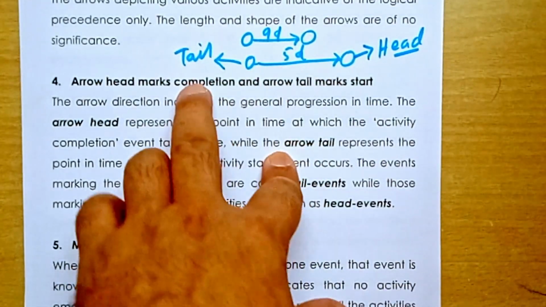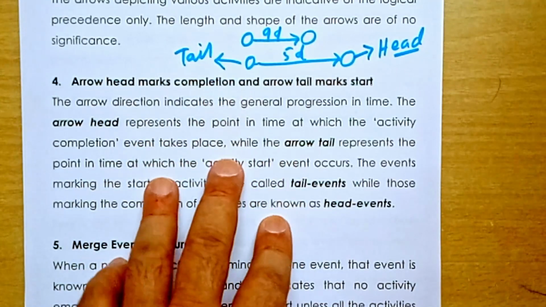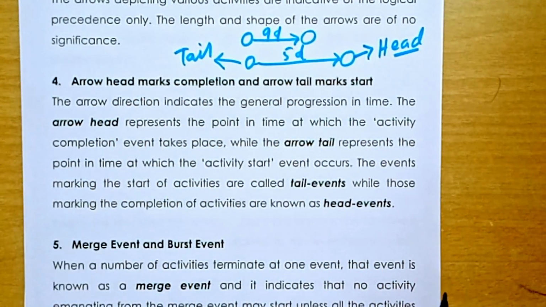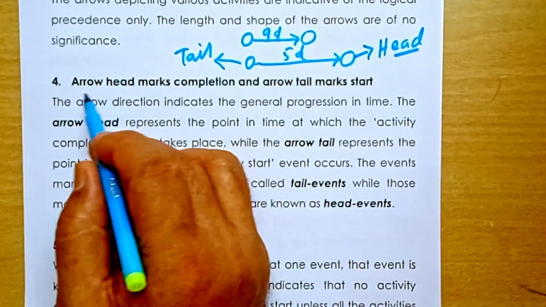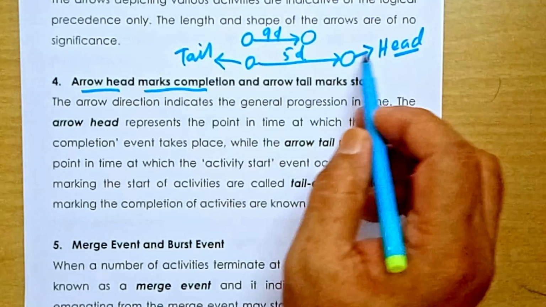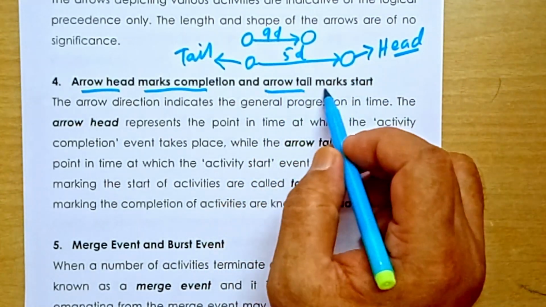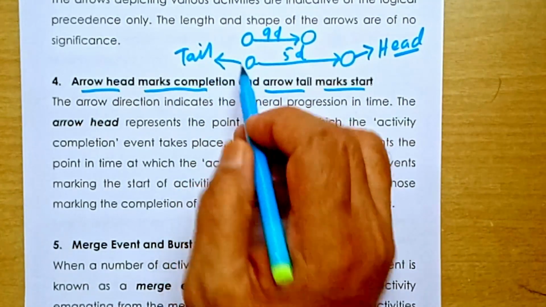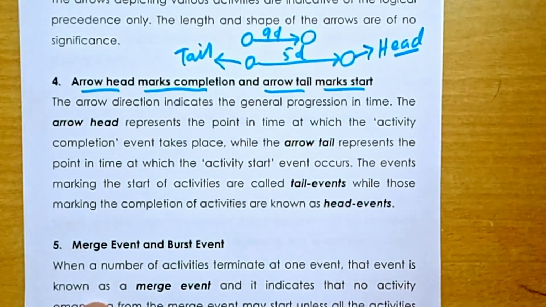Arrow tail marks start and arrowhead marks completion. The head marks completion, and the tail is the starting point.